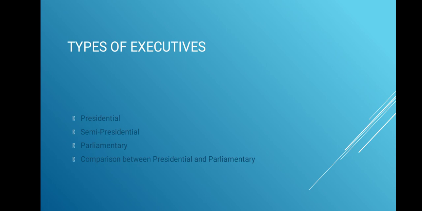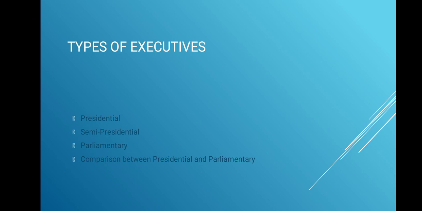In presidential government, the president is the head of the state as well as of the government. In the parliamentary system, the president is the nominal head and the prime minister is the real head of the government.